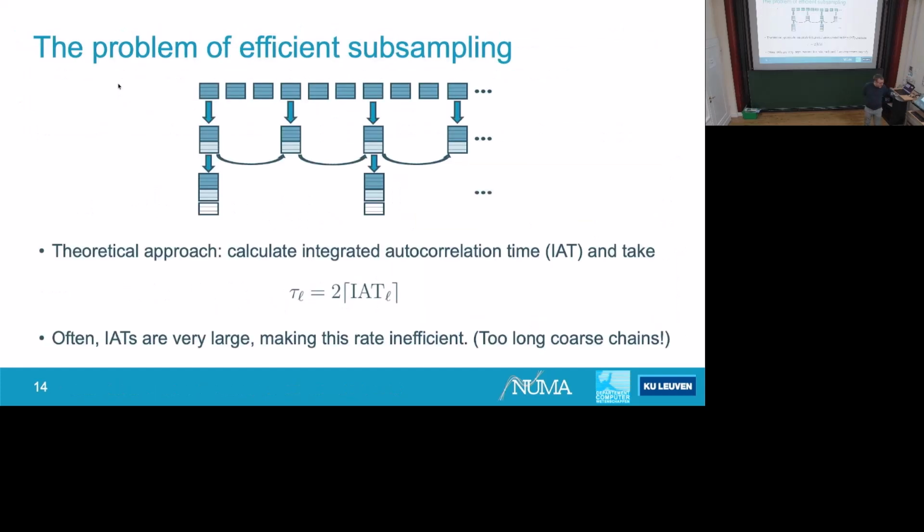Then the next problem that we face, and this is something that is still open for debate, is that the proof of convergence of multi-level Markov chain Monte Carlo relies on a crucial step, namely that what comes from the coarse level, the dark blobs here, are independent samples for the coarser level.